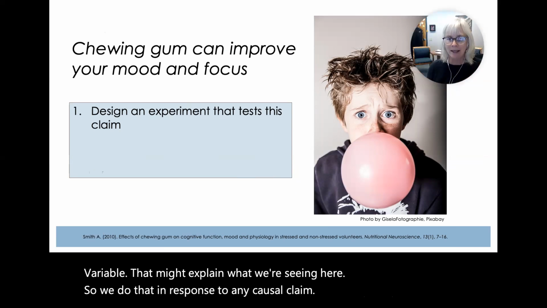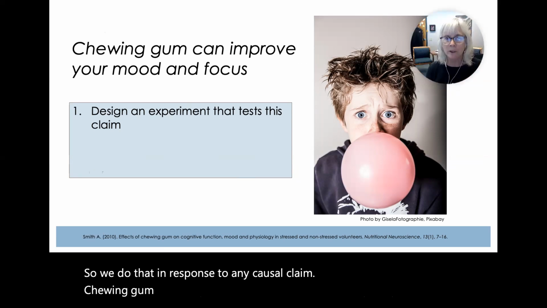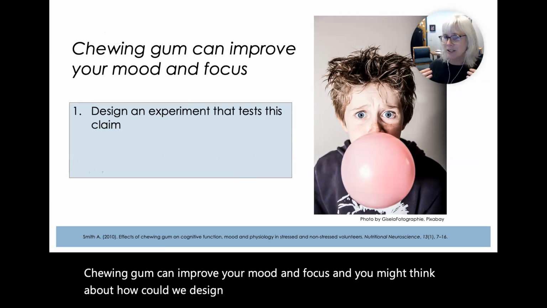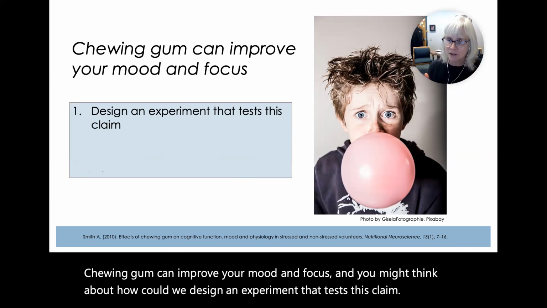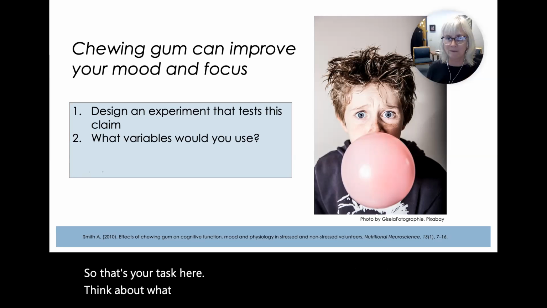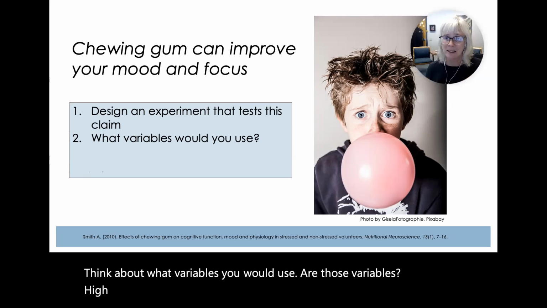Chewing gum can improve your mood and focus. And you might think about, how could we design an experiment that actually tests this claim? So that's your task here. Think about what variables you would use. Are those variables high in construct validity?